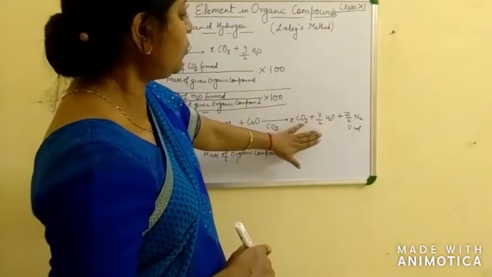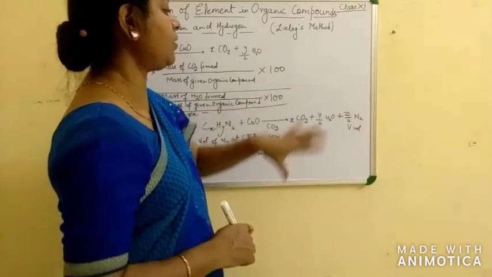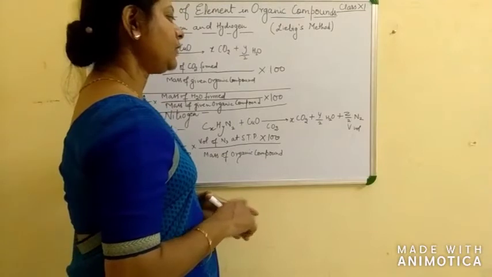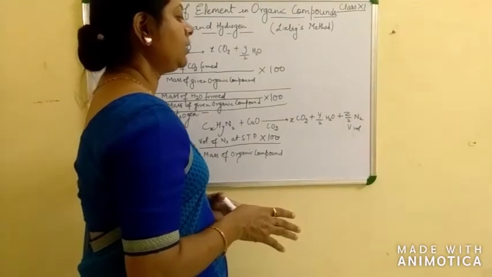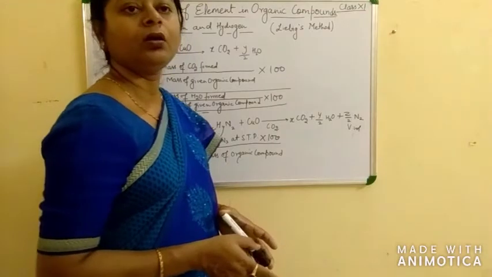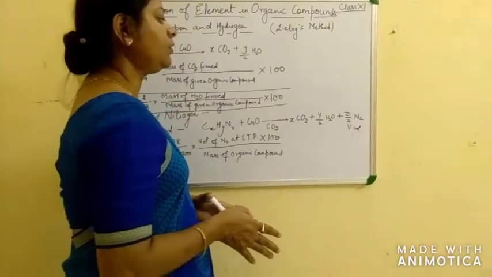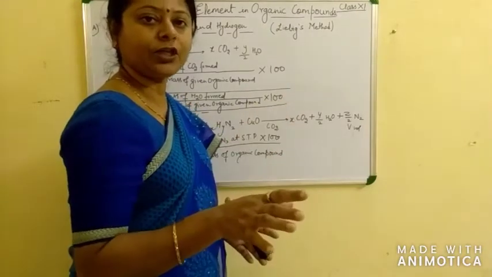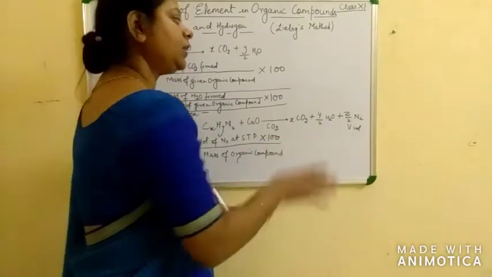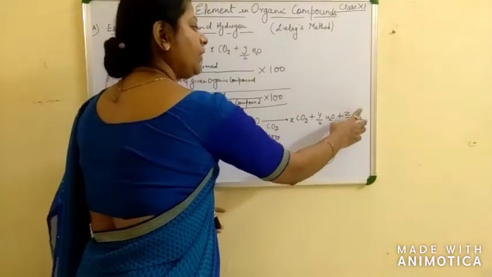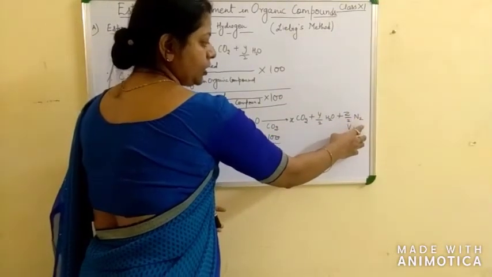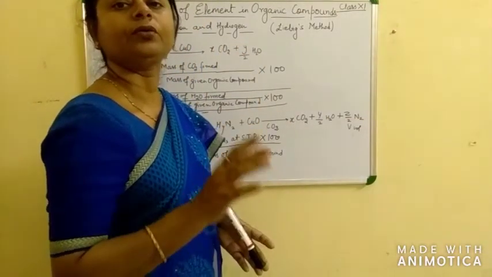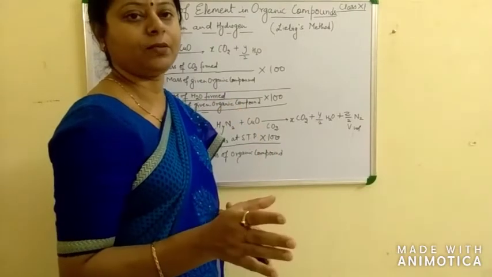Because all these are gases, this carbon dioxide and water molecule we can separate by using the caustic potash solution, and after that we collect the nitrogen gas and convert its volume by using the gas law into the volume at STP.